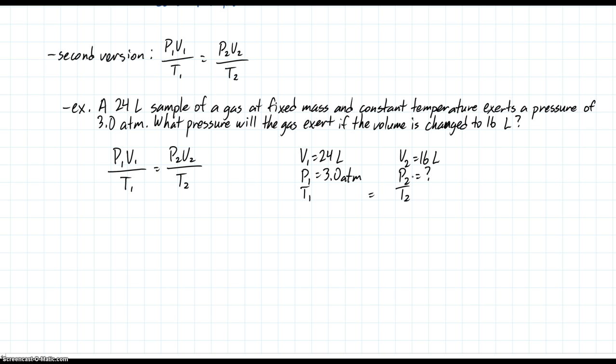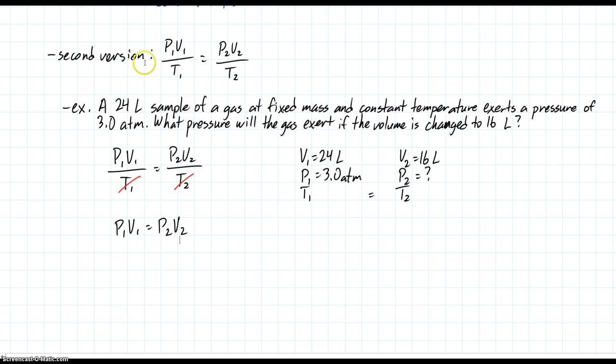What that means, since T1 and T2 are the same, is they will cancel out of the combined gas law, right? No matter what value T1 and T2 have, since it's the same, the denominator on both sides of the equation is the same, and we can just cancel those out. And so now we're left with just P1 V1 equals P2 V2.